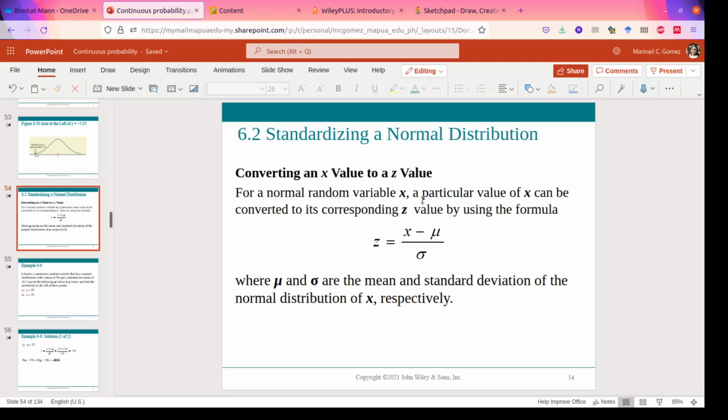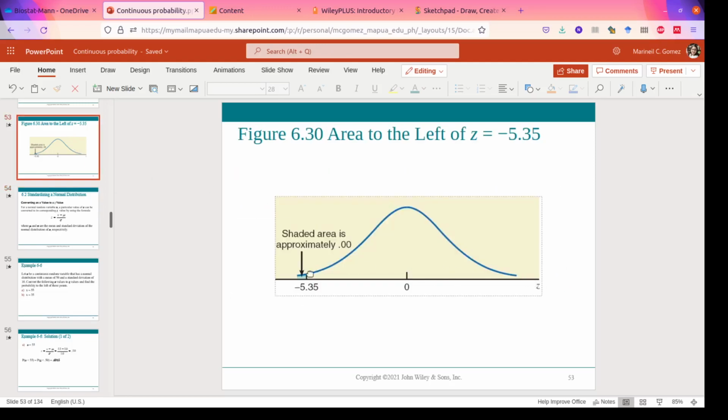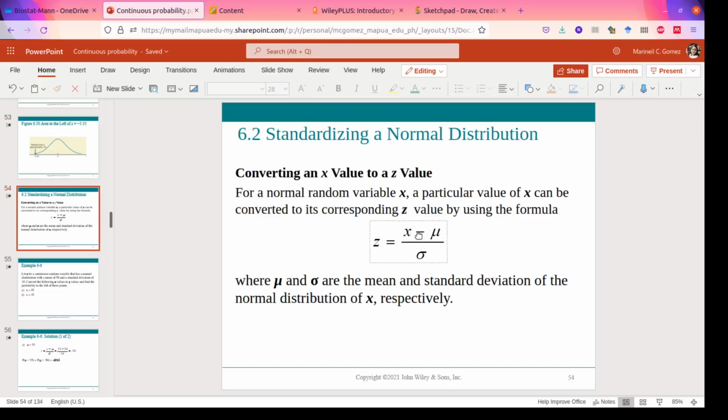If we know the x value, a certain outcome of the experiment, what is the position of x in the standard normal distribution? The position z is the number on the horizontal number line here. So we just plug it in, knowing the mean.